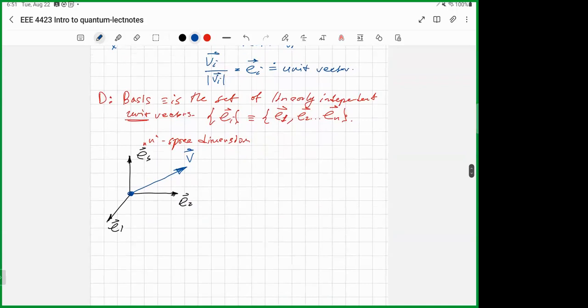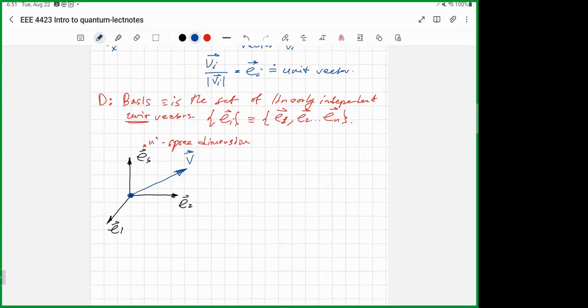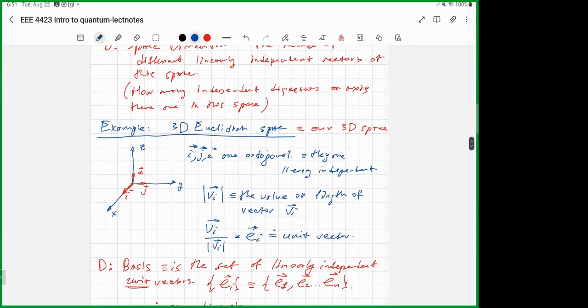So answering this question, this basis is not unique. Even with this rectangular coordinate system, you can choose it and then rotate it in different directions. When you do that, you of course don't change the space itself. You just change the basis, the way you describe your system mathematically.